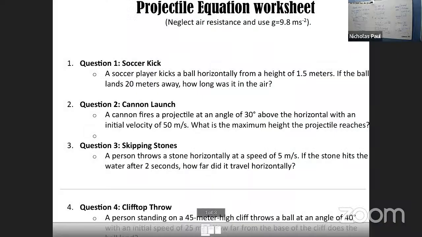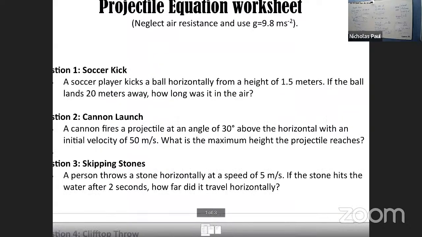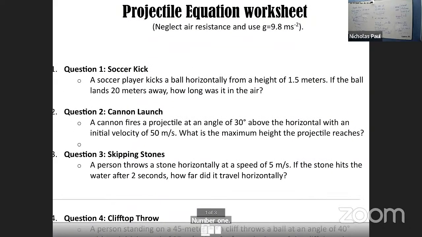Alright, let's start number 1. Actually, we can start with number 3. Anyway, it doesn't matter. If you're not seeing it, it's in the group. Let's start with number 1. They are not past paper questions, but they're similar.